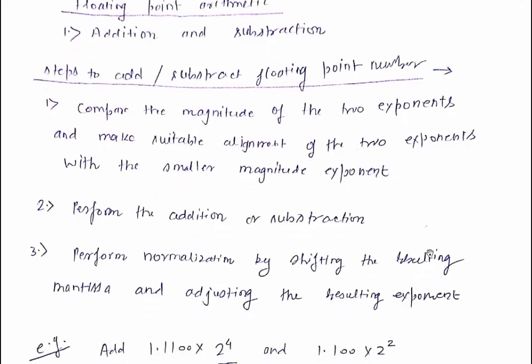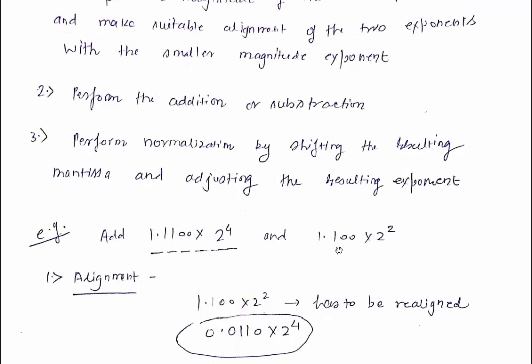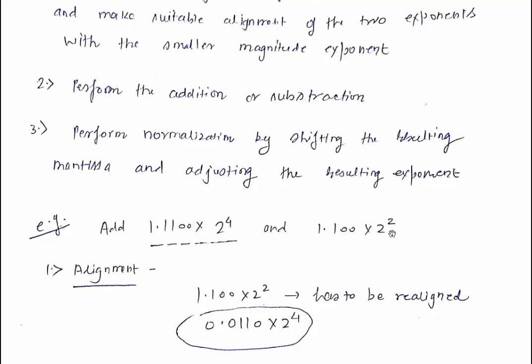That is how you perform addition and subtraction. We will see an example. You have to add 1.1100 multiplied by 2 raised to power 4 and 1.100 into 2 raised to power 2. That is the binary representation of a floating point number. So this is 1.11 into 2 raised to power 4 and this is 1.1 into 2 raised to power 2.